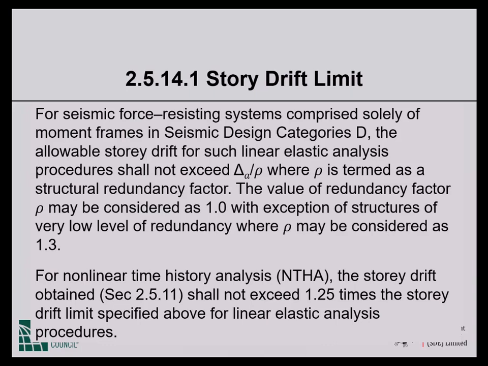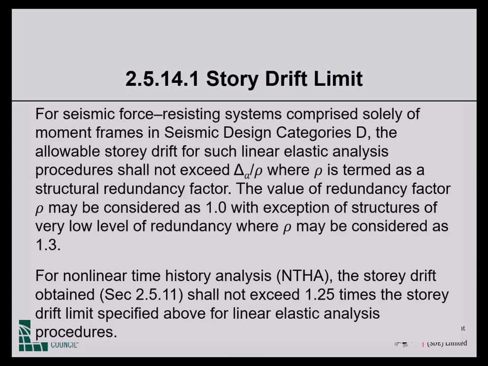The rho is termed as a structural redundancy factor. The value of redundancy factor rho may be considered as 1, with exception of structures of very low level of redundancy where rho may be considered as 1.3. So this is very, very unspecific, and that's all I can tell you.